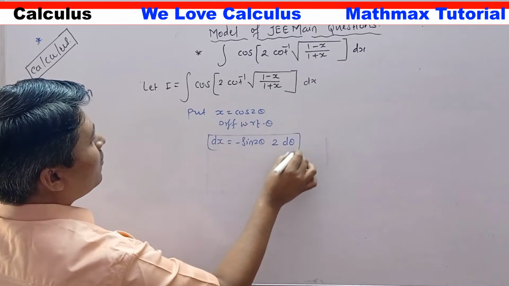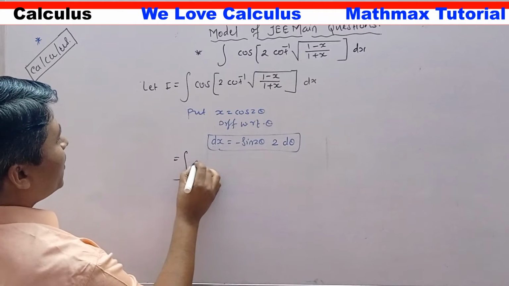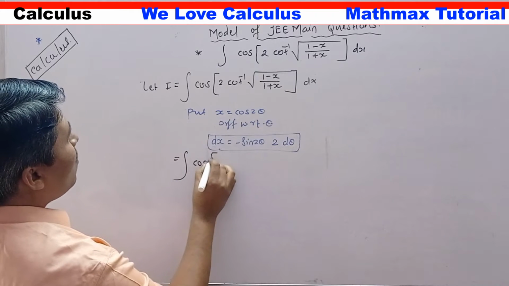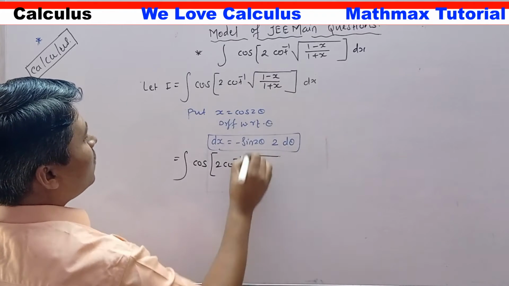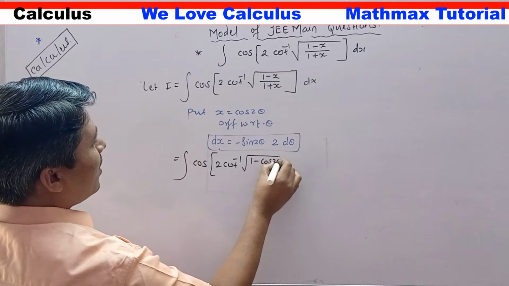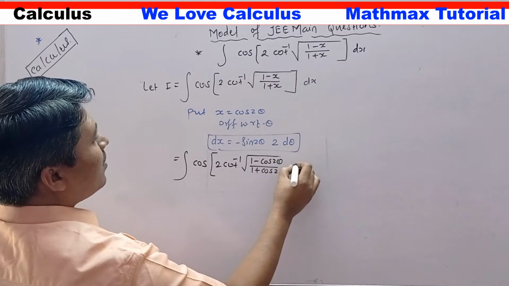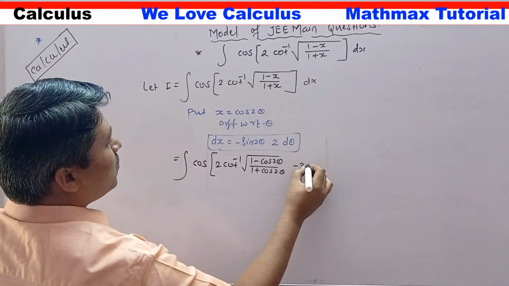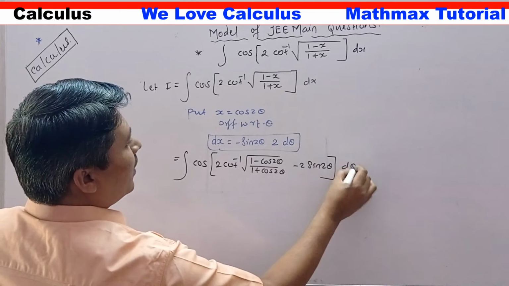Then the equation becomes cos(2 cot inverse of the square root of (1 minus cos 2 theta) by (1 plus cos 2 theta)) times minus 2 sin 2 theta d theta.